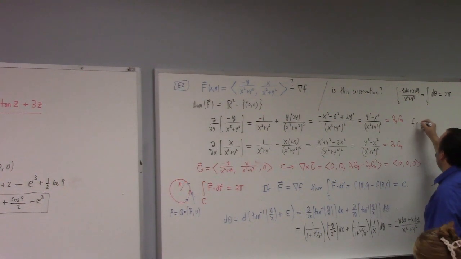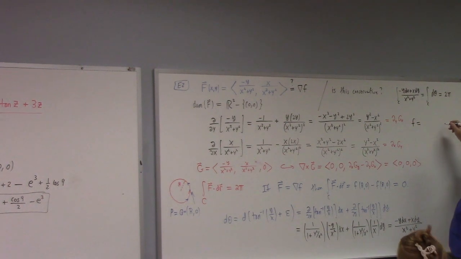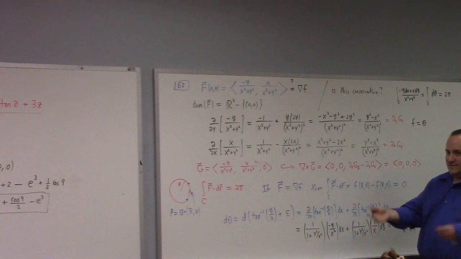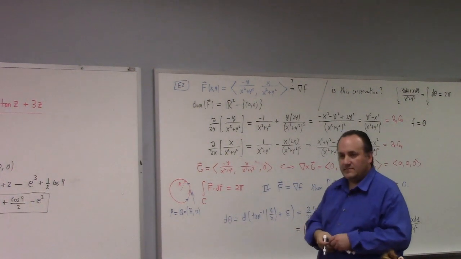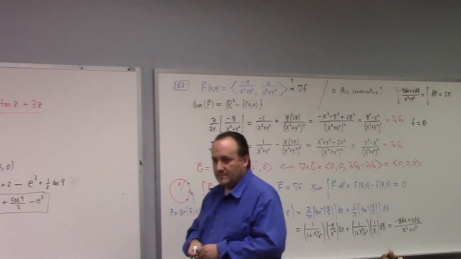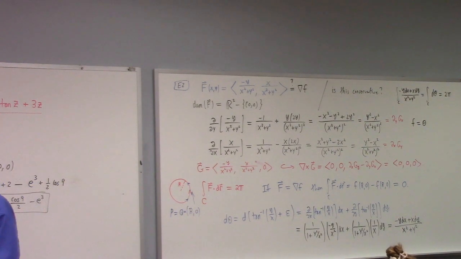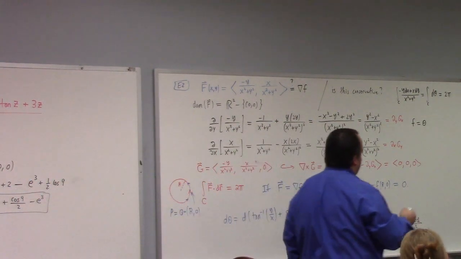Why can't I just write F is equal to, well, theta, really, right? Why can't I just say F is equal to theta? To be generous, that's what it is, right? I mean, we could use inverse tangent, right?